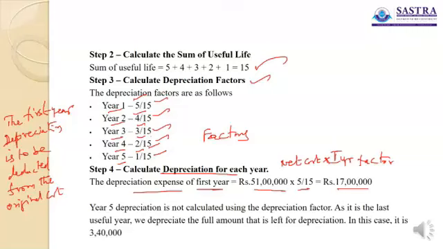So the year 5 depreciation is not calculated using the depreciation factor. It will automatically come to exist and will show at the end the original amount of the realizable value left.